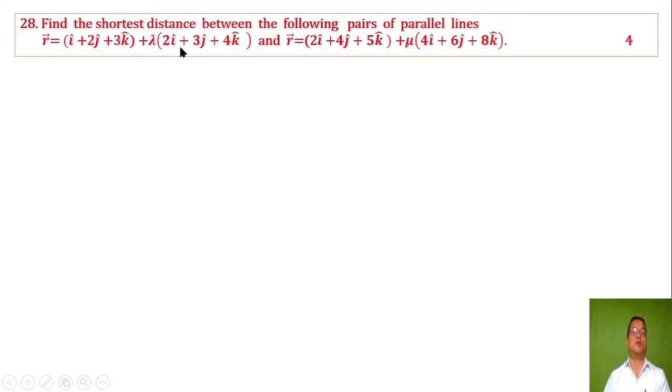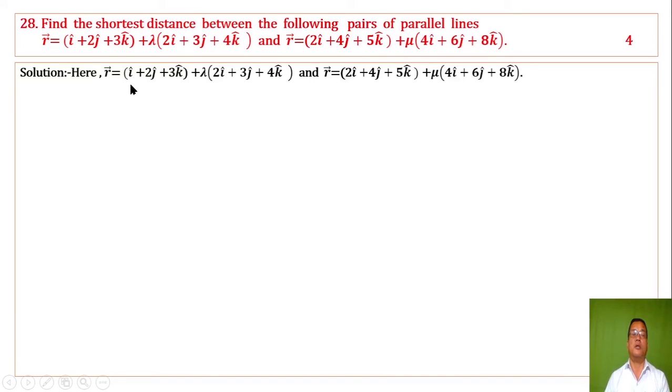28. Find the shortest distance between the following pairs of parallel lines. These two lines are parallel as these vectors are proportional. First line is this, second line is this, from which we have A1 vector equal to this, B vector equal to this, A2 vector equal to this.